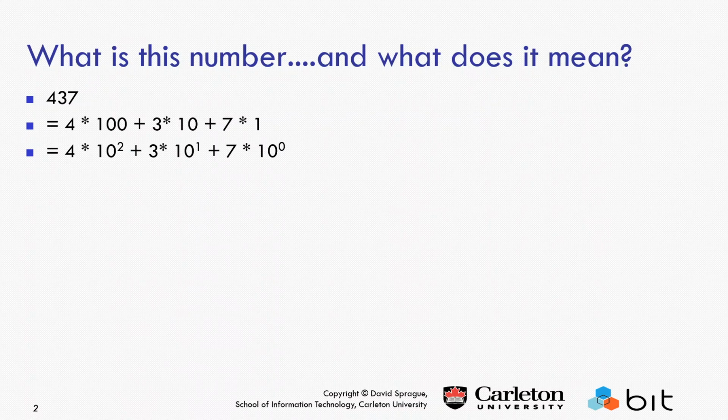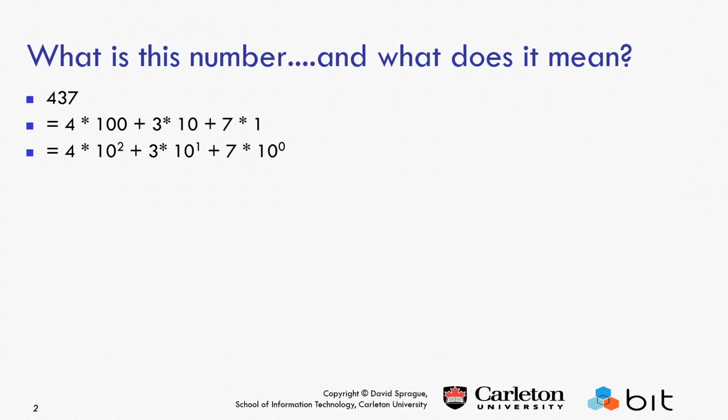And if you want to look at it a different way, or algorithmically, you can break it down. We will have 4 10 to the power of 2s, 3 10 to the power of 1s, 7 10 to the power of 0s, 10 to the power of 0 being 1. So for any given number, you could just keep on increasing the power of 10, so multiplying the number by itself, and increasing that, and seeing how many of those numbers there are.